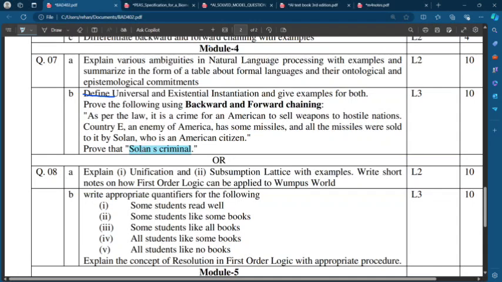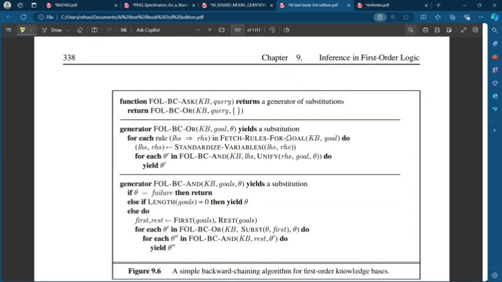So in backward chaining, the goal is that West is criminal. How will I derive it? Let me just draw here. If West is criminal, then West should be American, so I draw American(West). Then I also have to prove that West sells a weapon to a hostile country.